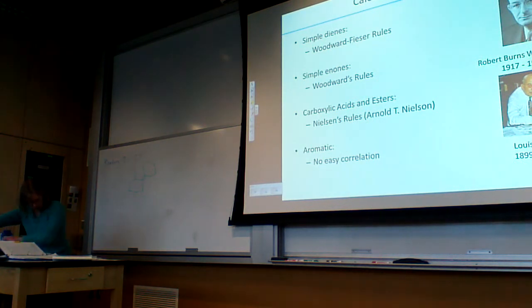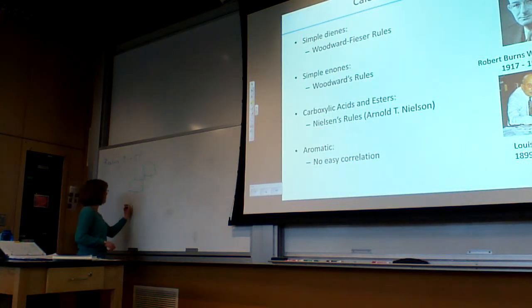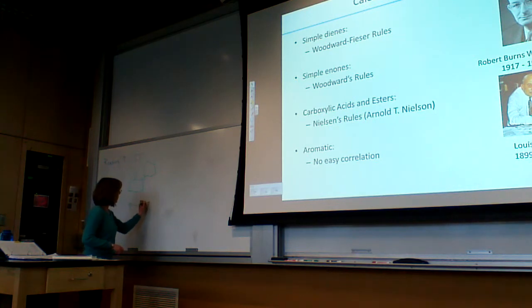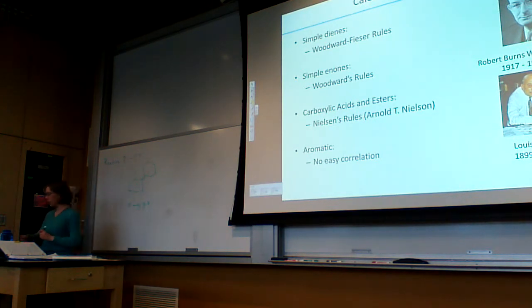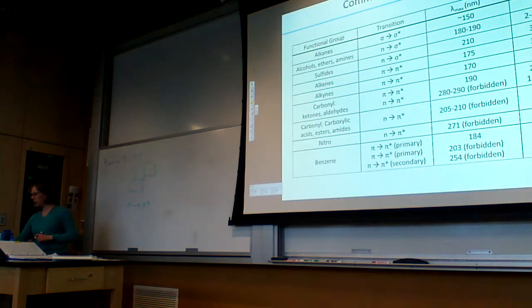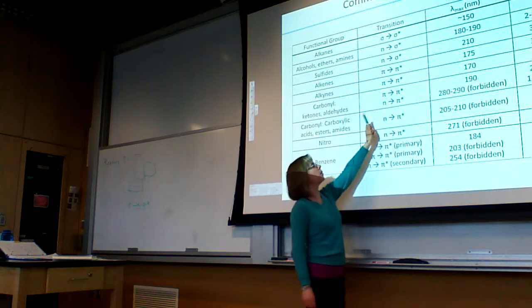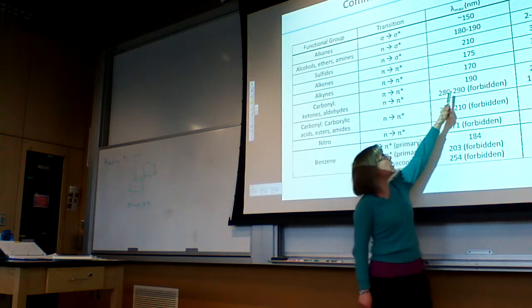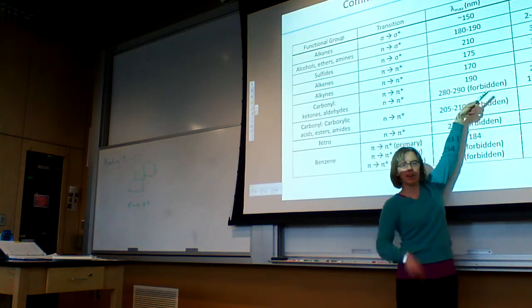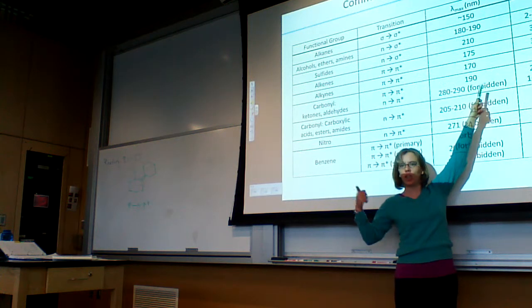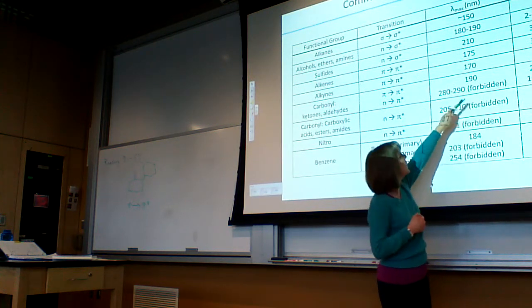And again, on this one, we are looking at the pi to pi star transition. This is going to be the stronger transition. If we look at carbonyls, they can have a pi to pi star or an n to pi star. Now the pi to pi star is usually outside of our range, but if we add conjugation, it's going to move it within our range.